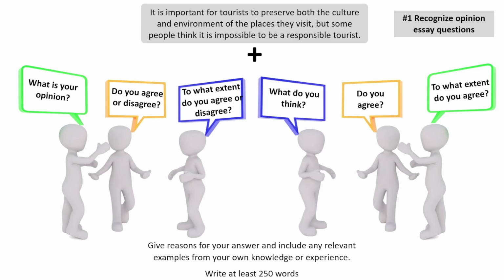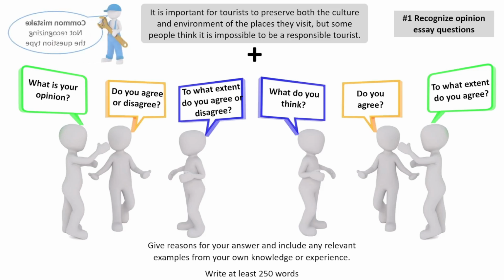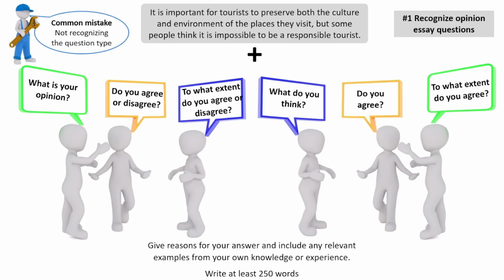Now, the most common mistake at this point is a failure to recognize the type of question. And so if you don't recognize the type of essay that you're writing, if you don't recognize that this is an opinion essay, then you may not state your opinion. Or in some cases, people will provide arguments for both views. Or you might not support your opinion with clear reasons.